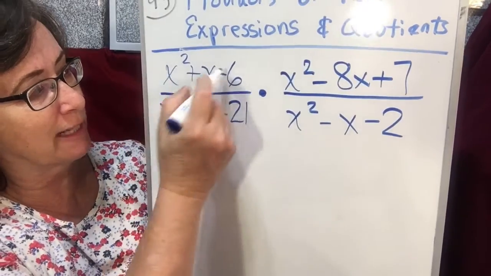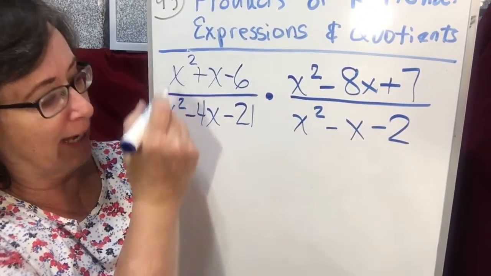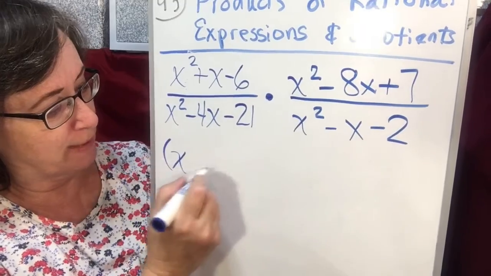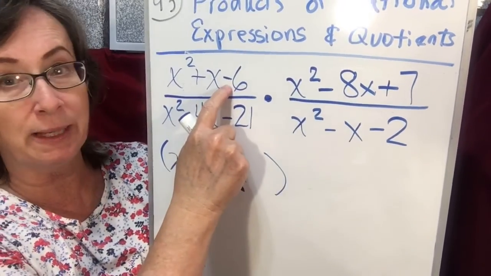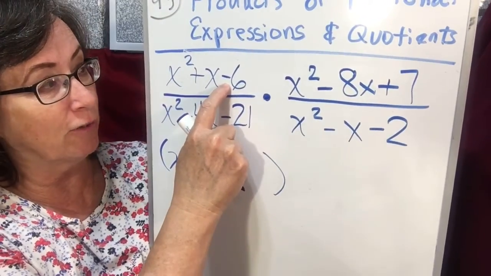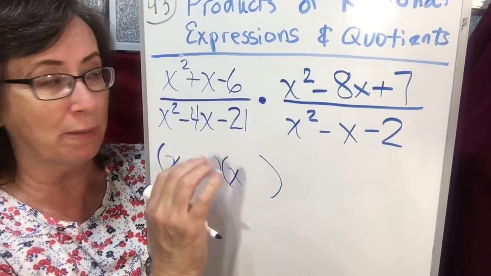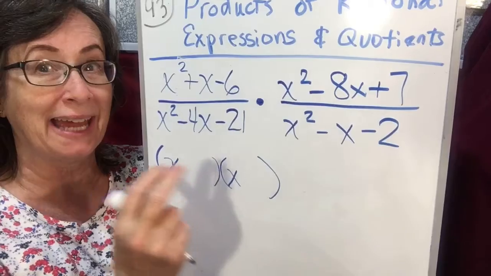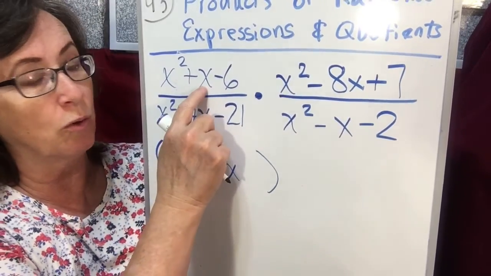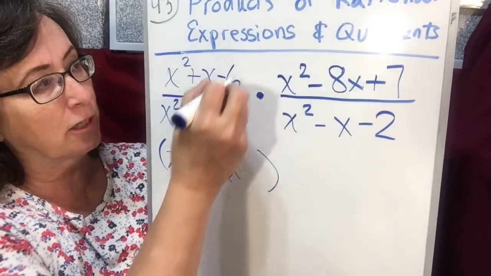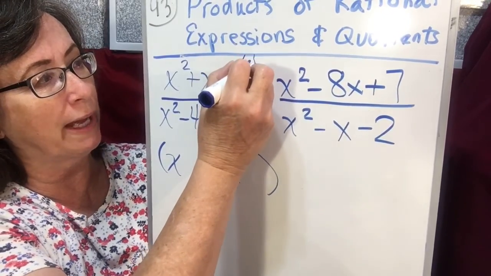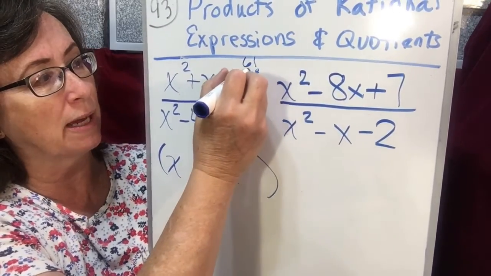So let's look at this first one. We have an x squared, so it's going to be one of those easier ones that just starts with an x and an x. This one is a minus, therefore we're going to have one plus and one minus, and this middle term will be a difference. So we're looking for a difference. When we're looking at 6, 6 could be 6 times 1, or 2 times 3.